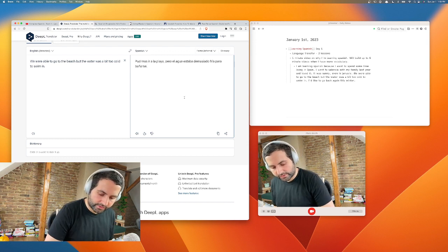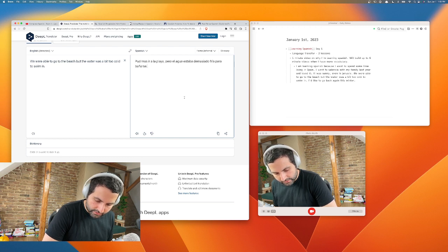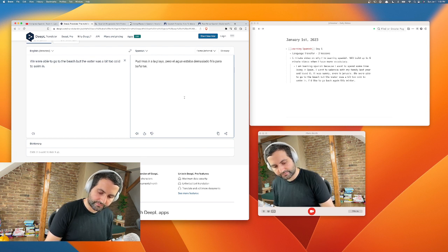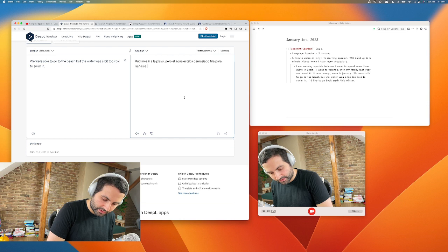Let's try to write that without looking. Pudimos ir a la playa, pero el agua estaba demasiado frío o fría para bañarse.